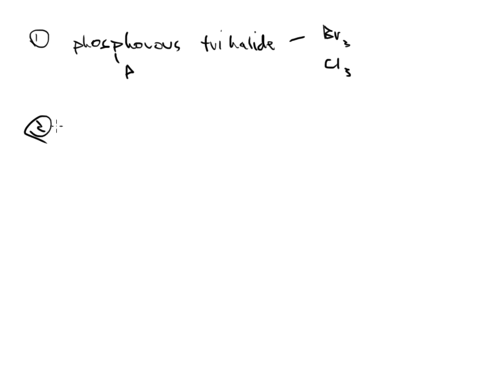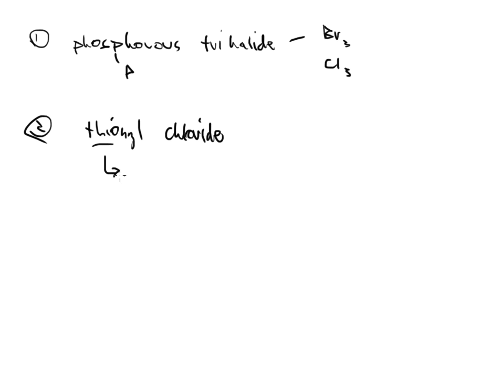All right, my second choice is not a phosphorus trihalide, but something called thionyl chloride. Here are new words that we can add to our vocabulary. Anytime we see the word thio in organic, that basically means sulfur.